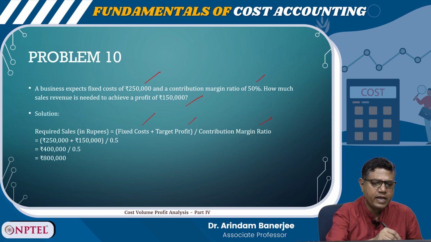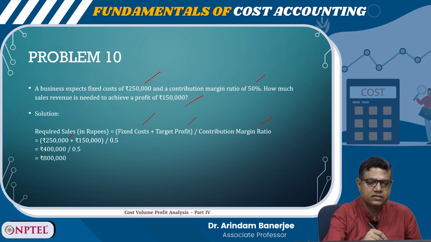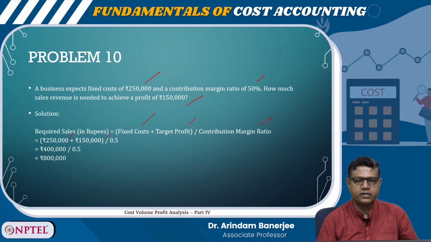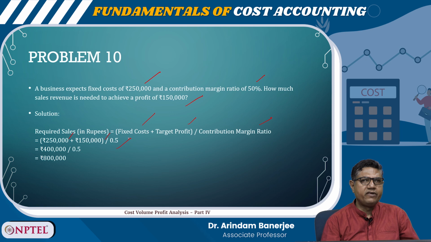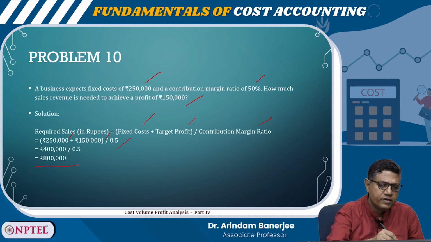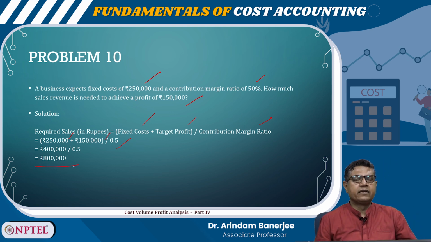Fixed cost is 2,50,000 plus target profit is 1,50,000, divided by the contribution margin ratio, that is 50%, 0.5. If I solve, it comes to rupees 8 lakh. So, the company needs to sell worth rupees 8 lakh for getting a profit of rupees 1,50,000.